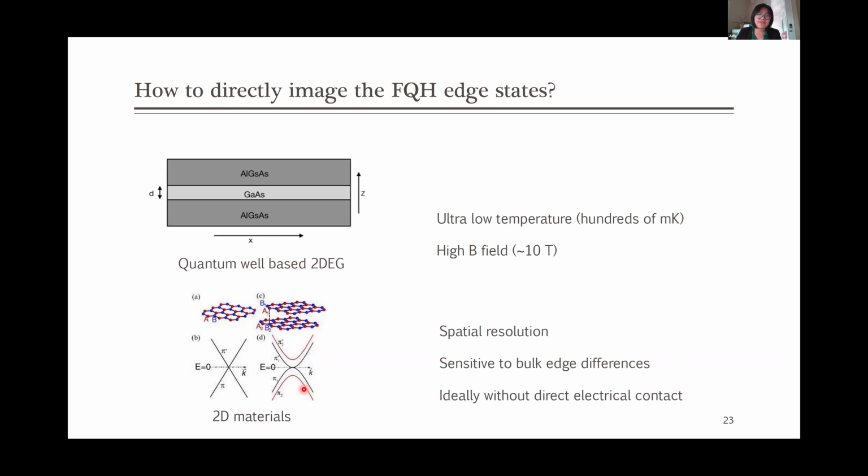For requirements of the probe, we want spatial resolution, definitely. It has to be sensitive to the bulk and the edge and their differences. Also, ideally, we don't want direct electrical contact to it. Those devices are always encapsulated, so a regular STM can be a little bit hard to directly probe the surface because the surface is buried.